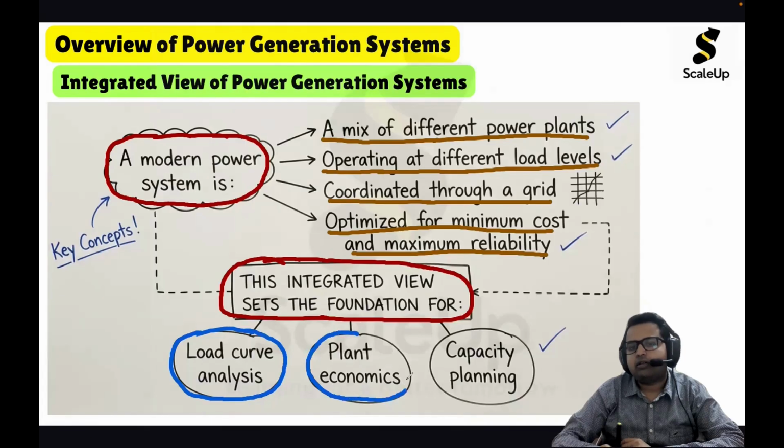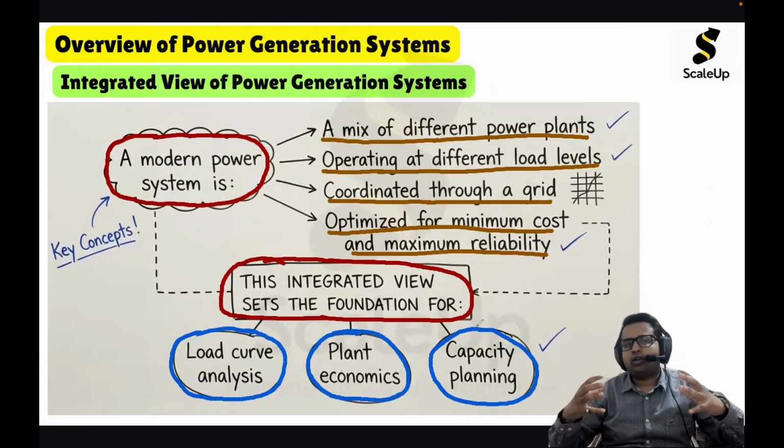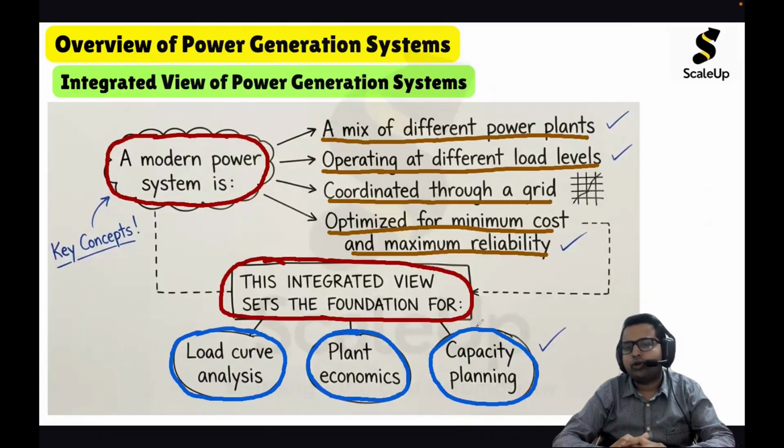We can deal with plant economics, and we can also do the capacity planning. So this electric grid, or the integrated aspect of power generation systems, enables us to do capacity planning and plant economics. It sets the foundation for load curve analysis.